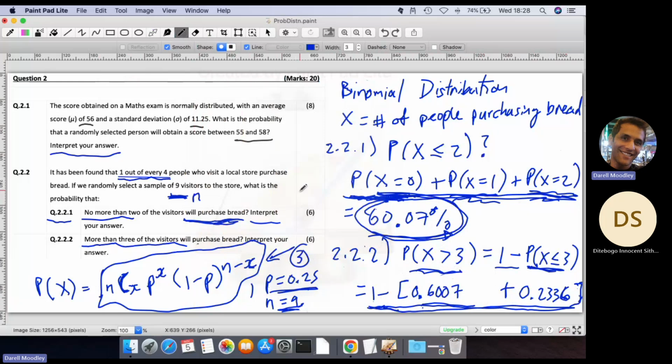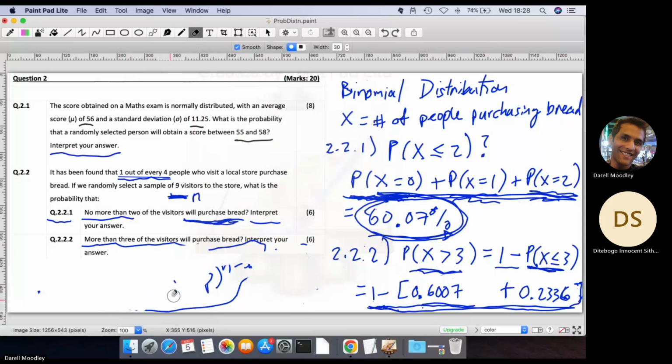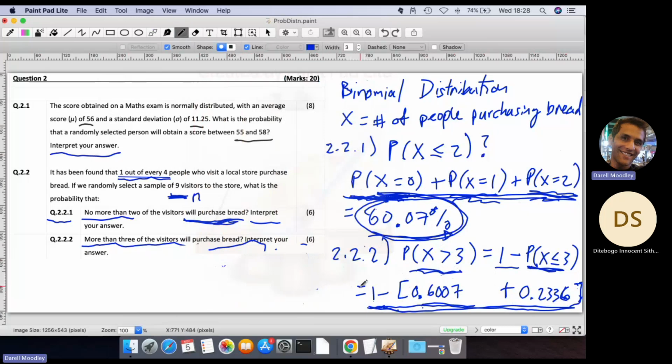If you work that out, your final answer will be 0.1657.